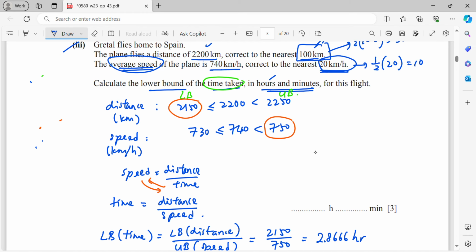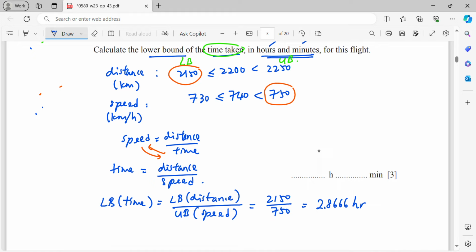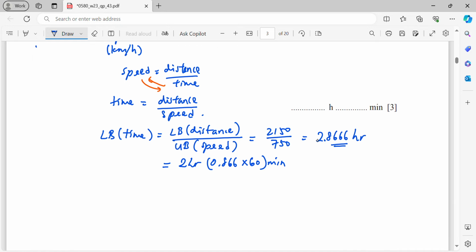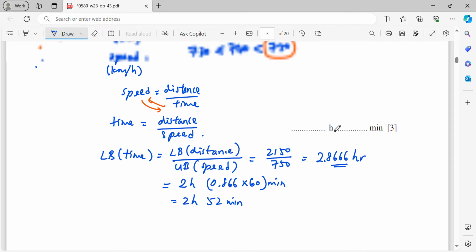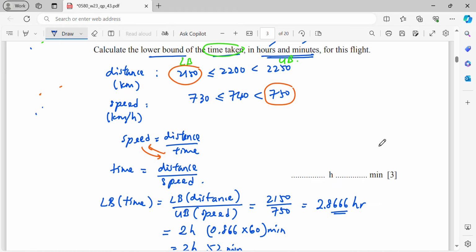Because the question is asking for hours and minutes, this 2.866 hours will be 2 hours, then 0.866 converted to minutes. I know that 1 hour has 60 minutes. From here you will be getting 2 hours and 52 minutes. So this is how we calculate the lower bound of the time. The answer here should be 2 hours, 52 minutes.